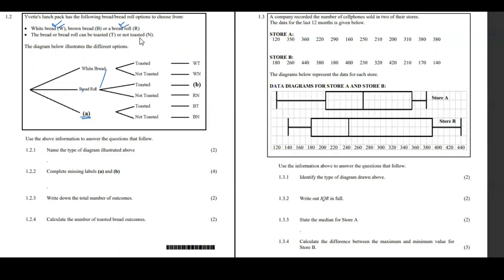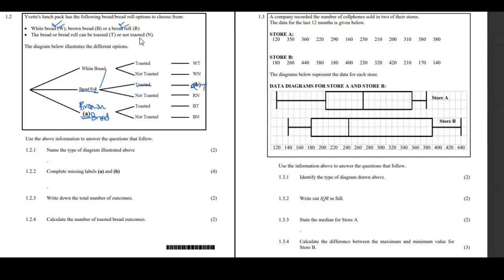So what's missing is the brown bread. In this section, someone has to end with a T, from toasted, but it's meeting what? Bread roll. So simply meaning the answer is supposed to be RT.